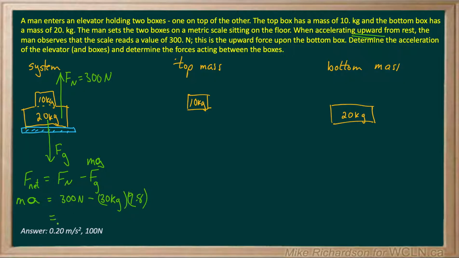So when I crank all of this out, the right-hand side becomes 300 minus 30 times 9.8, which is 6. And my total mass, when I divide both sides by m, was 30. And 6 divided by 30 gives us our answer that we're looking for of 0.2. So the acceleration of the system is 0.2 meters per second squared up.